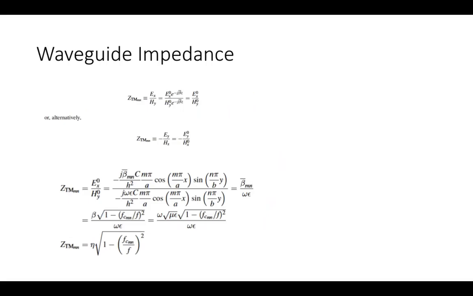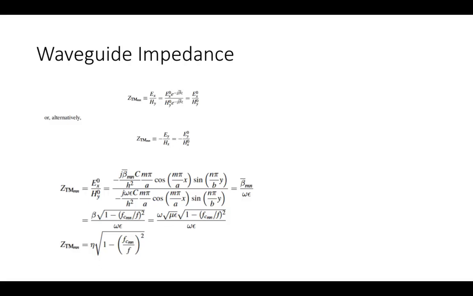Finally, we can solve for the waveguide impedance. We do that by looking at the definition of impedance. The definition of impedance is the electric field over the magnetic field in general, thinking of it very simplistically.